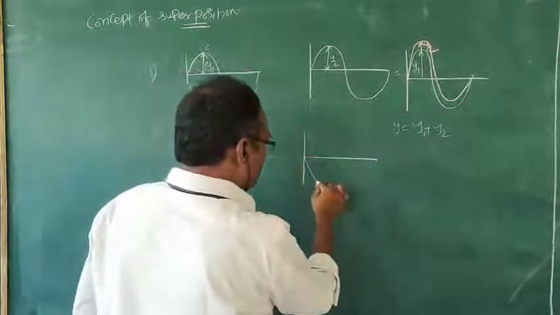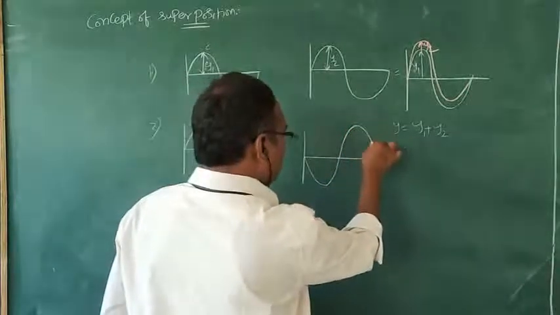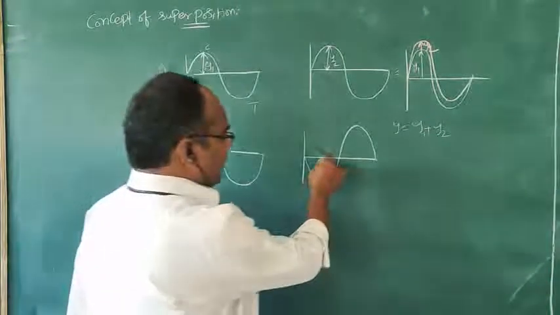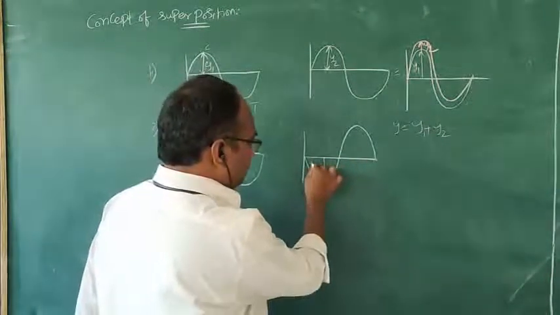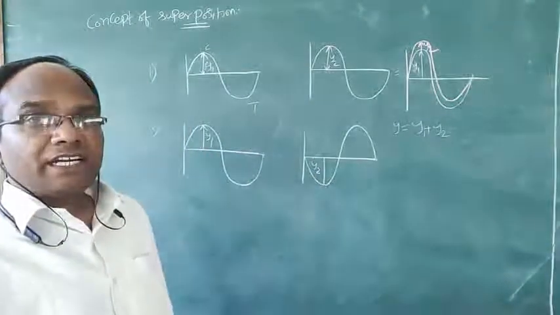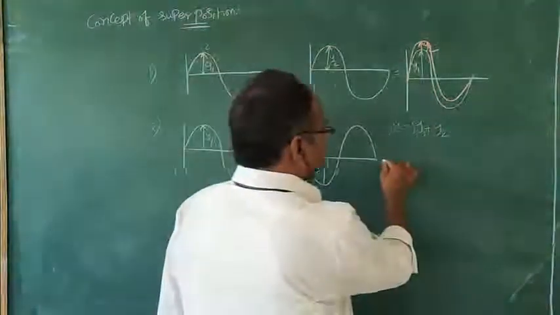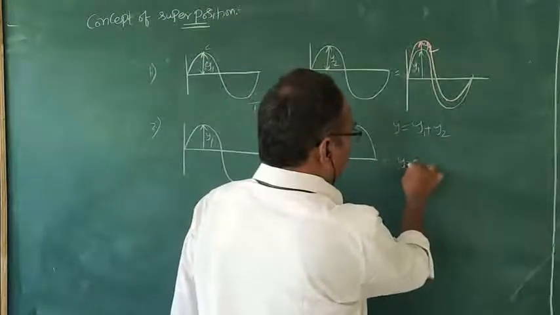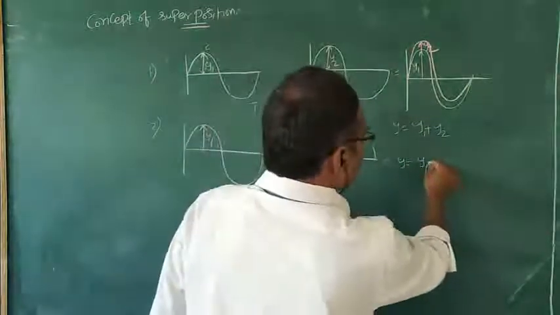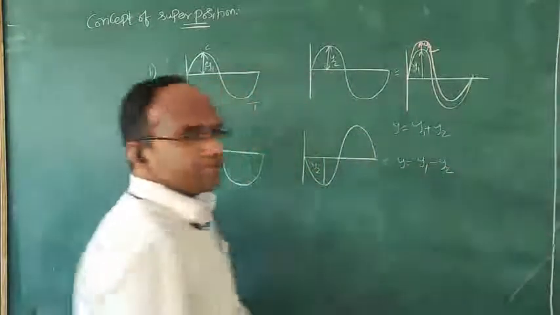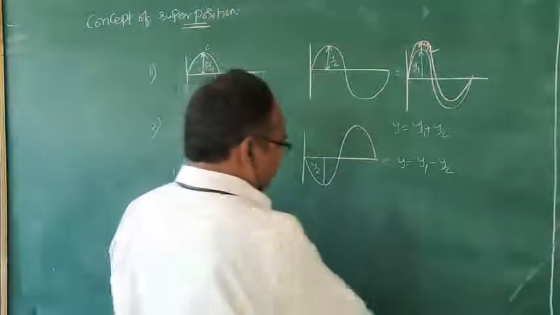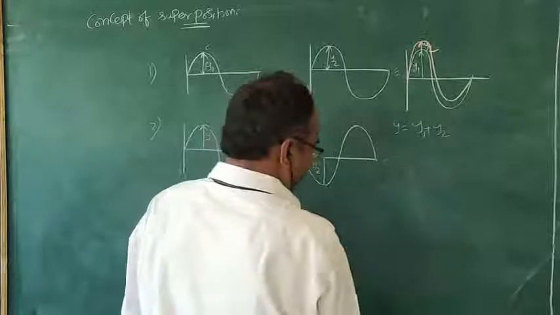So this is positive and this is negative. This is Y2. So what is the resultant displacement? Therefore the meaning is Y is equal to Y1 which is positive and this is negative. So how to draw both combined figures? I'll draw it.